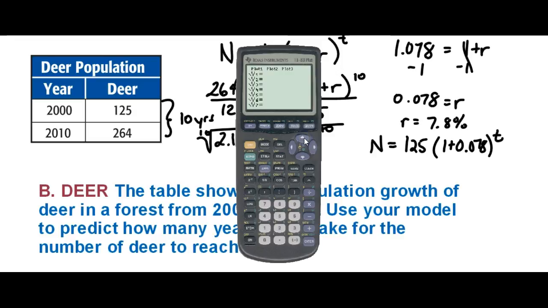And we have this function is equal to 125 times 1 plus 0.078, taken to our variable power. Obviously, it's the t power, but that's our independent variable in this case. So we're just going to use x in our calculator.